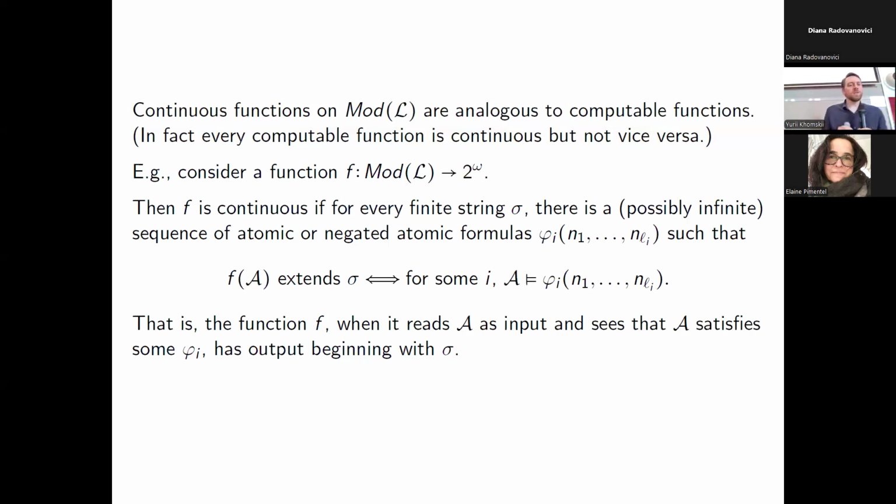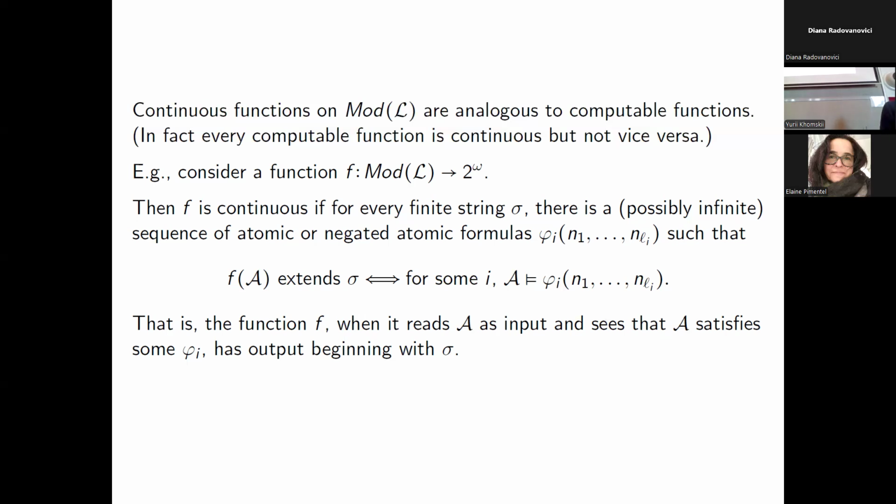Well, there's going to be some possibly countably infinite list of basic atomic facts about the structure, so that F applied to the structure is going to extend sigma. The output is going to start with sigma if and only if one of these facts is true about the structure.